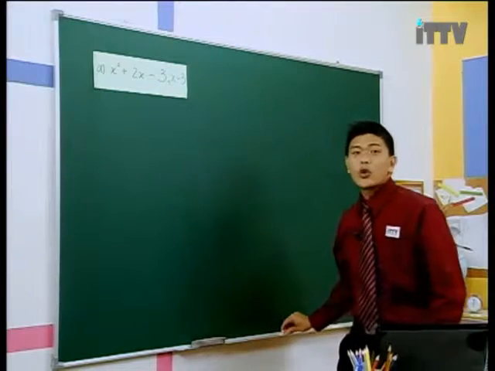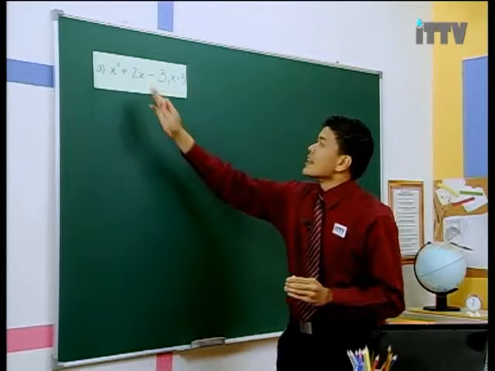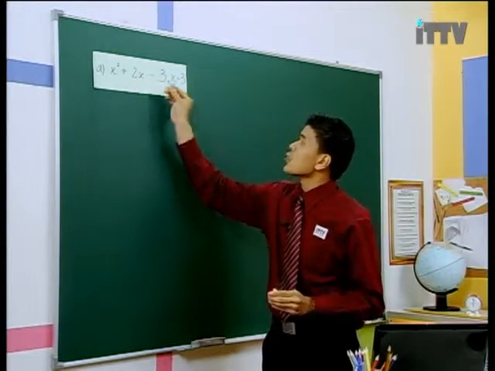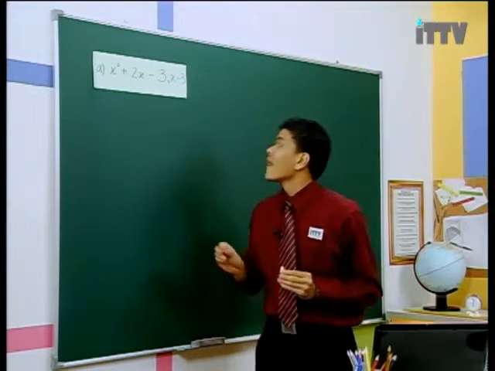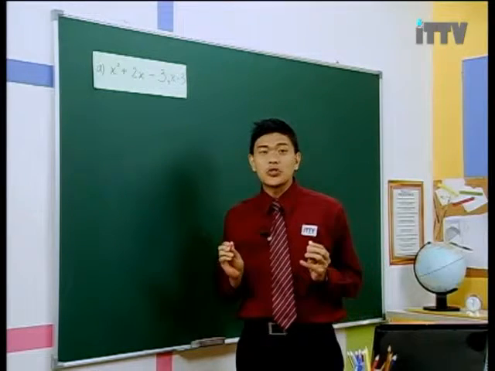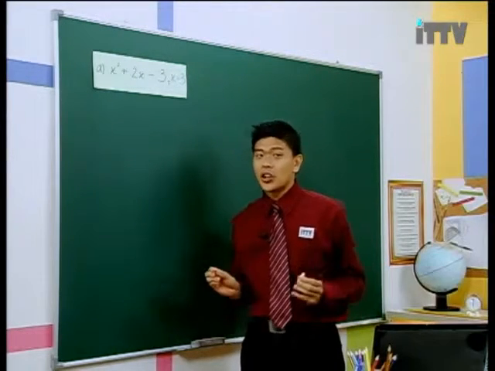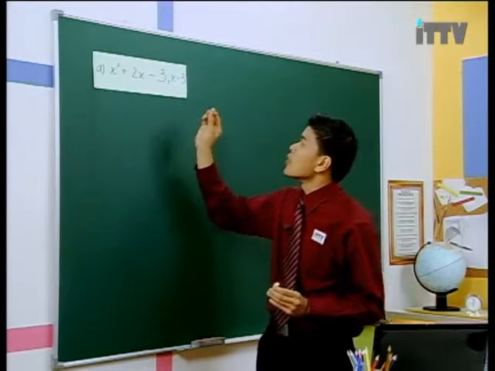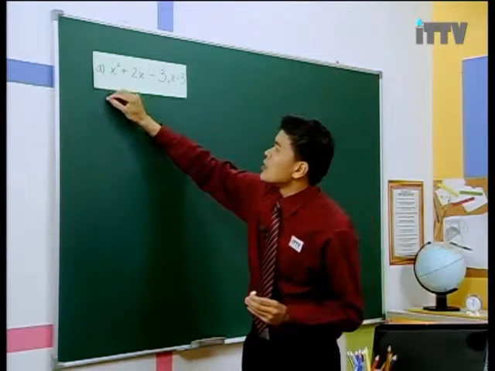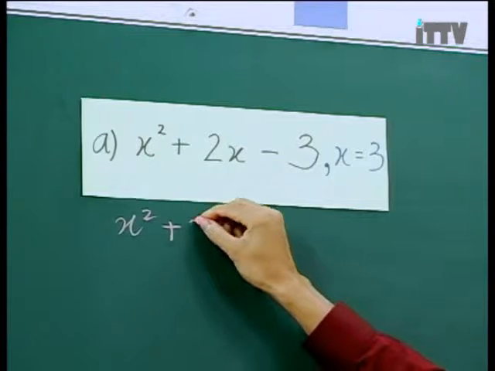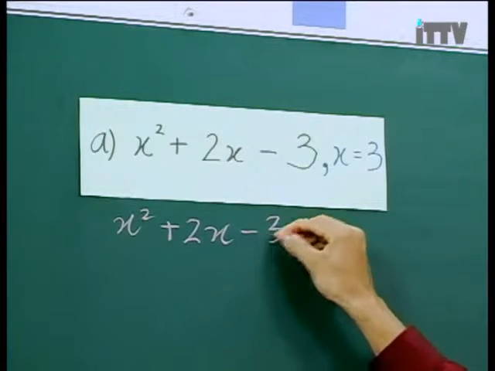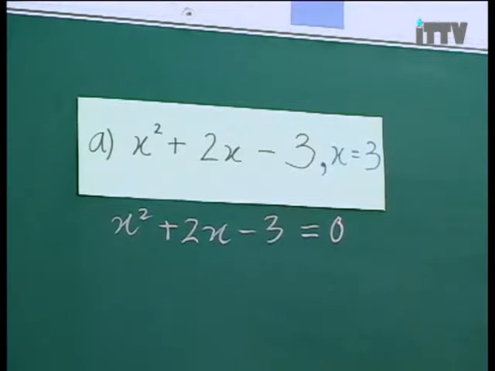Alright, let's look at equation A. Let's determine whether for this quadratic equation, is x equals 3 a solution or not? Alright, so when we substitute, okay, this is a quadratic equation, x squared plus 2x minus 3 equals 0.